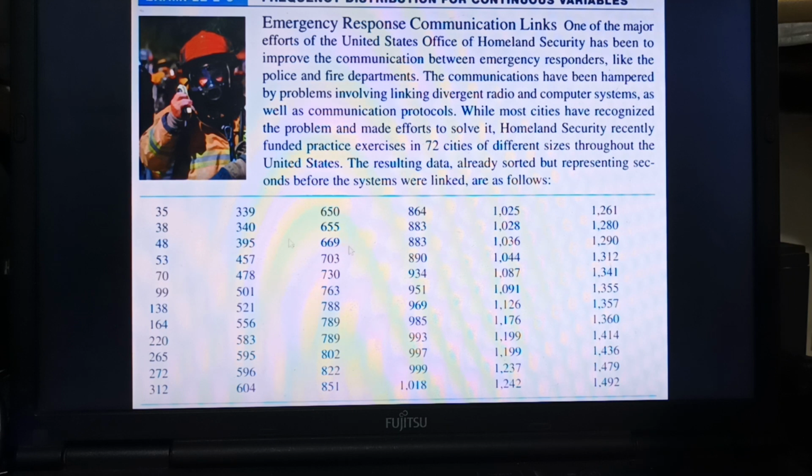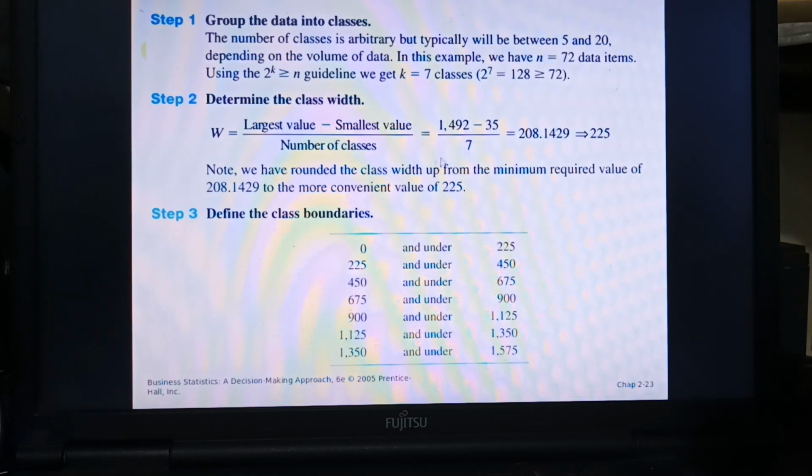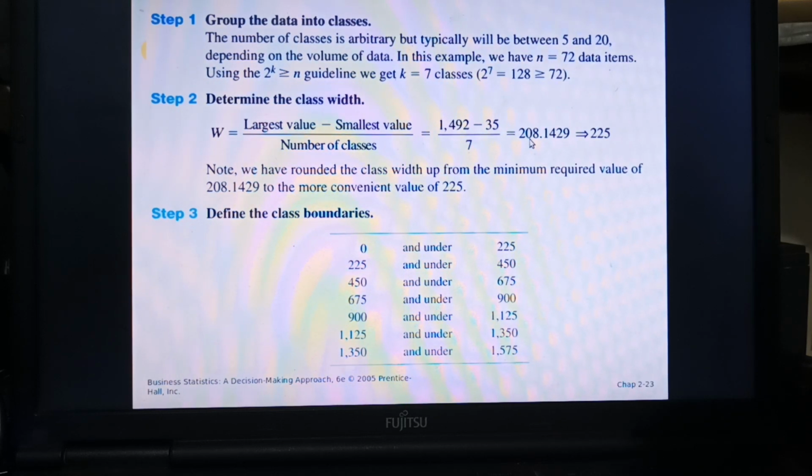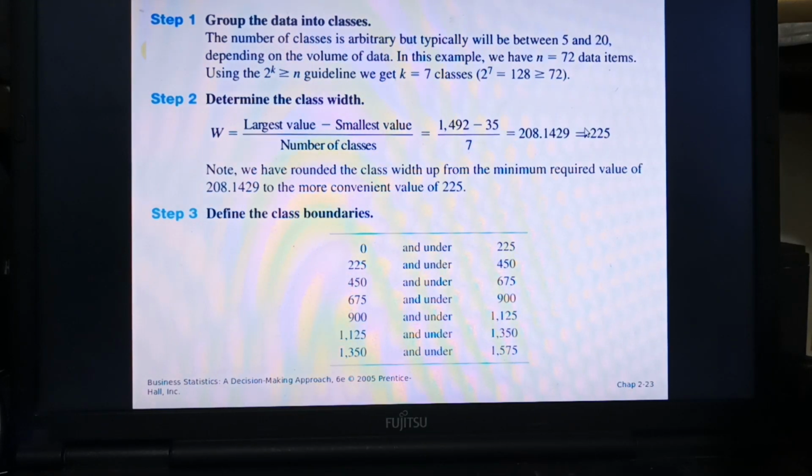Let's have a look again. The highest value is 1492 seconds. The lowest value is only 35 seconds. So we have 208.1429. But again here, it is rounded off to a more convenient number for counting.